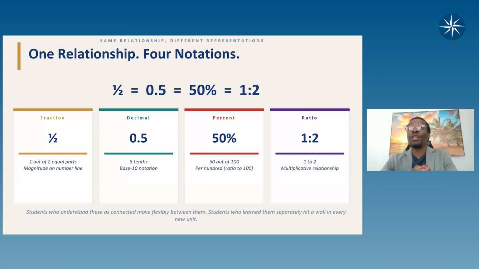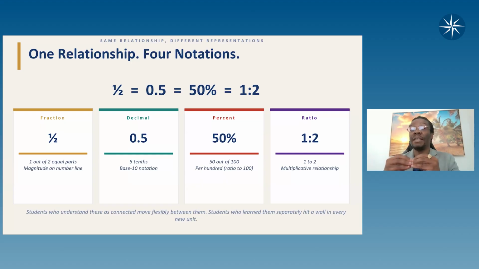In a ratio, it's 1 to 2, right? Base 10 notation, all the way over to multiplicative reasoning. And in between this, we have the number line and the place value chart that could help. Remember those two things that we talked about last week? They are in play here as well.